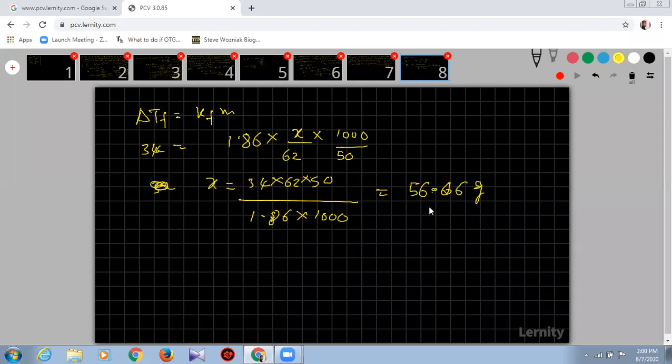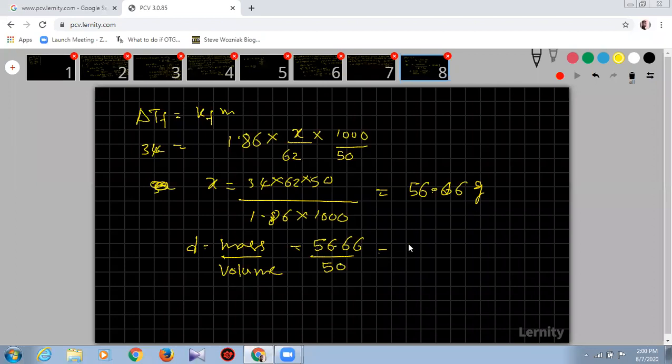Now, density is equal to what here? Mass by volume. So what is the mass here? 56.66. What is the volume? 50. That is equal to what will come here?